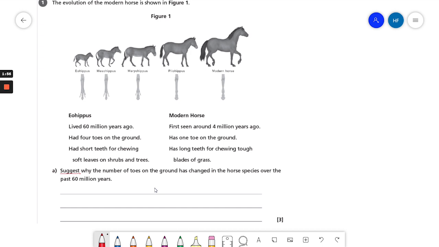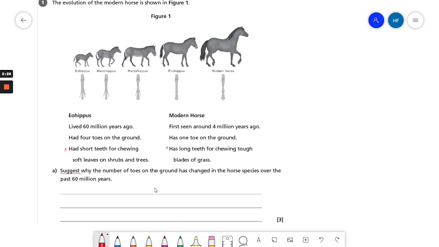Now, the first clue to answering this question is actually in the information about the changes in diet, because it says here that the Eohippus had short teeth for chewing soft leaves on shrubs and trees, which suggests that it probably lived in forests, whereas the modern horse has long teeth for chewing tough blades of grass.